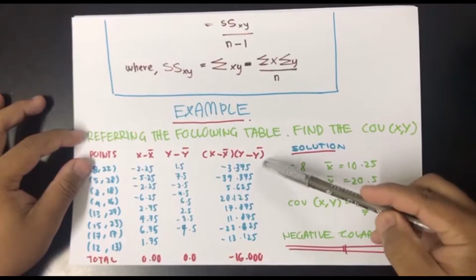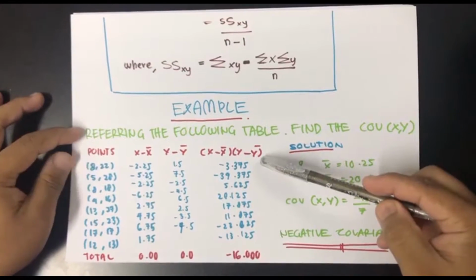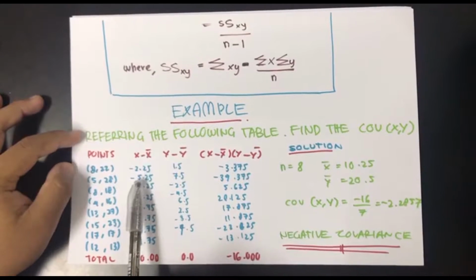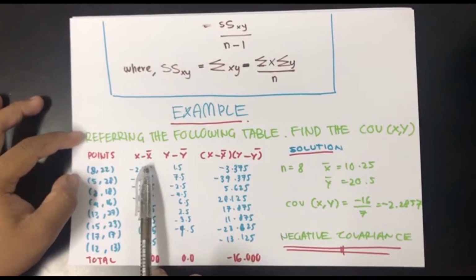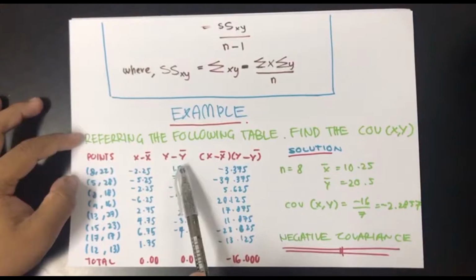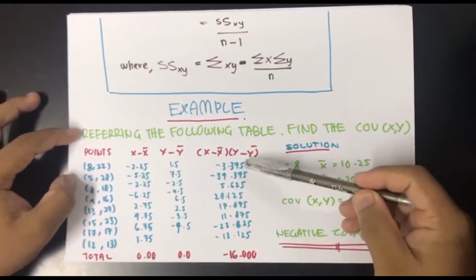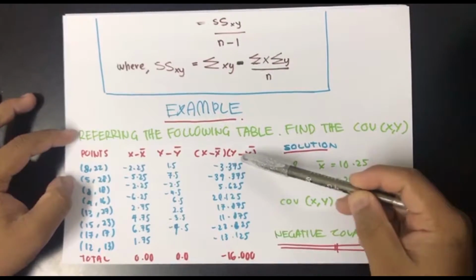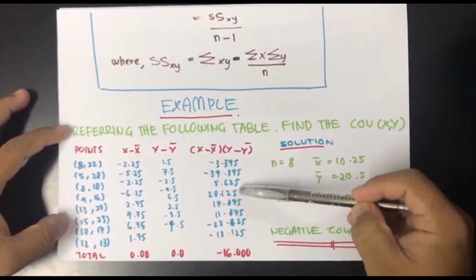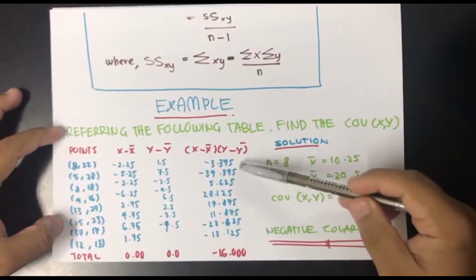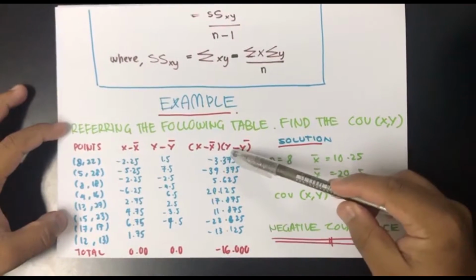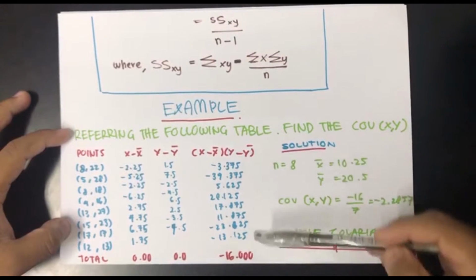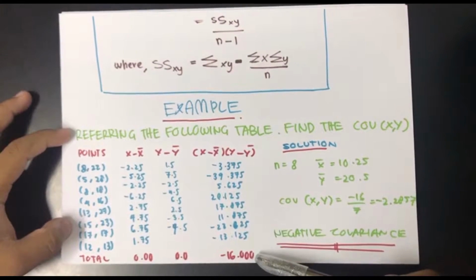So, to get the covariance, you must multiply the value of x minus mean of x and y minus mean of y, and you will get all of these values. Next, you must add all of these values to get the sum of (x minus mean of x) multiplied by (y minus mean of y), and you will get negative 16.